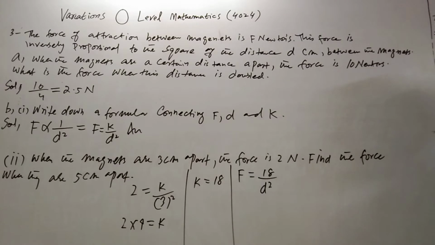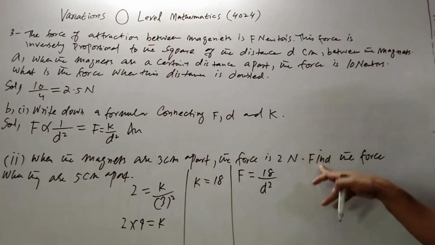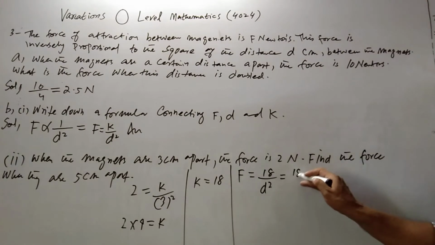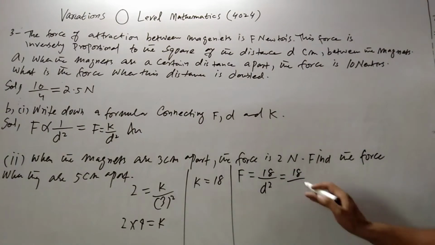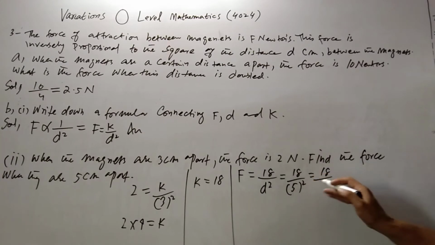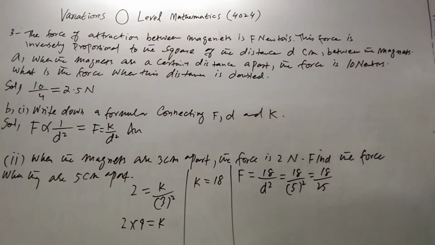Now see the last part of the question. Find the force when they are 5 centimeter apart. 18 upon D. What is D? D is 5 square. 18 upon 5 square is 25. So this is our answer. 18 upon 25 Newton is the final answer.